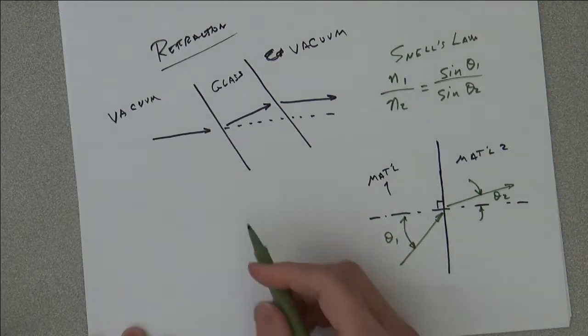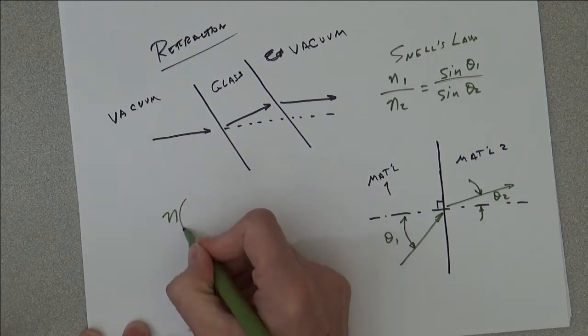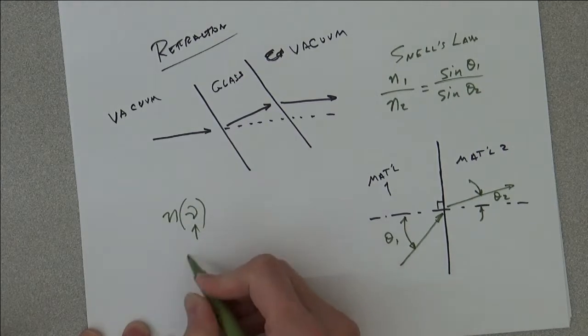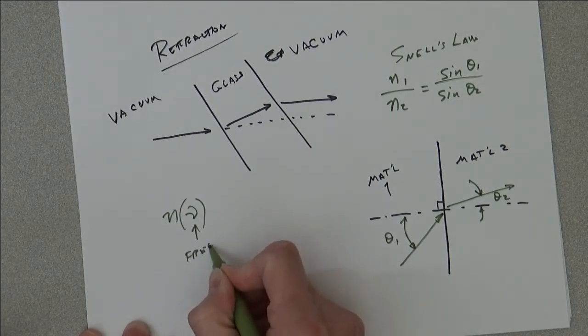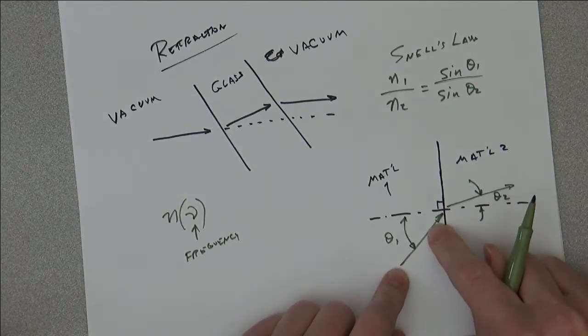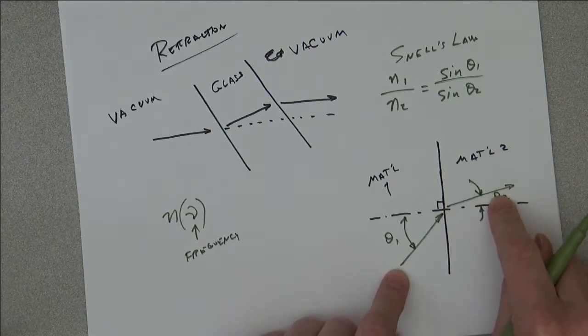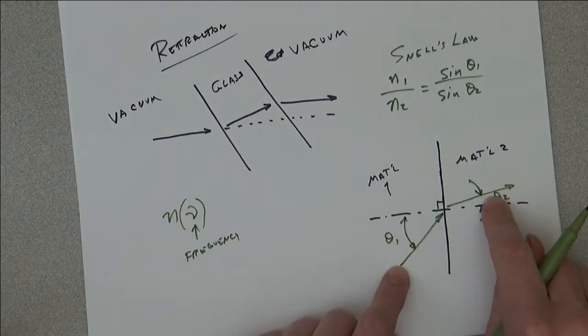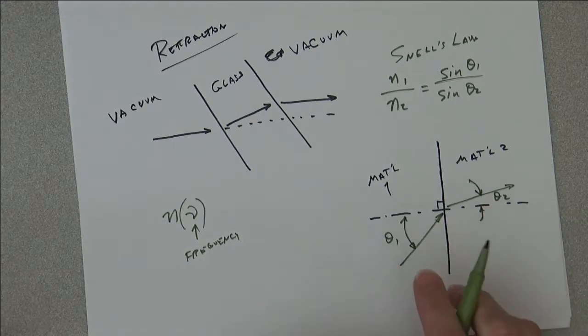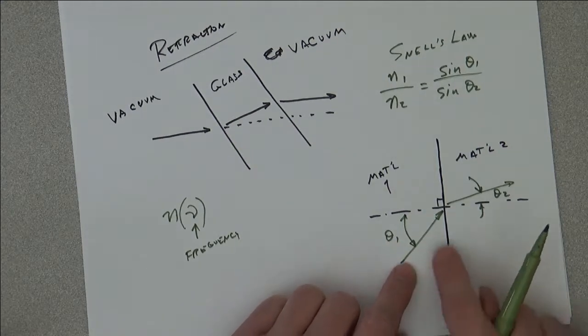And it's also worth pointing out that this index of refraction does depend on the frequency. So here, for example, if this is some monochromatic light, whatever light from a laser or what have you, it's going to have a very well-defined angle. If instead it was white light, then depending on what the color of a particular photon is, you're going to get a different bending.